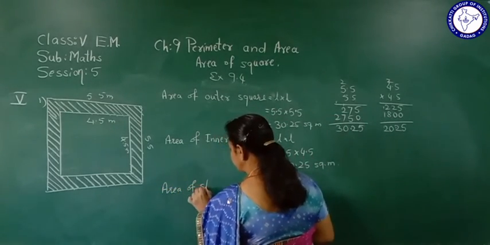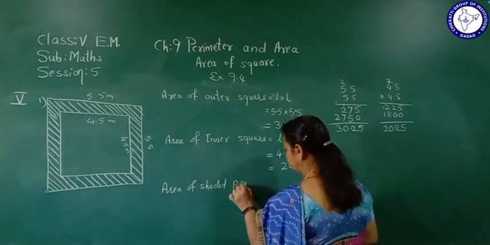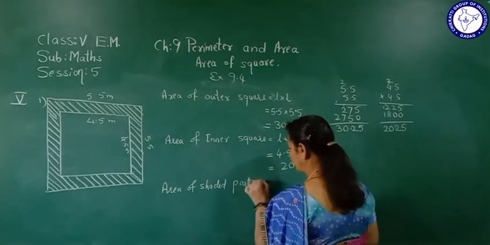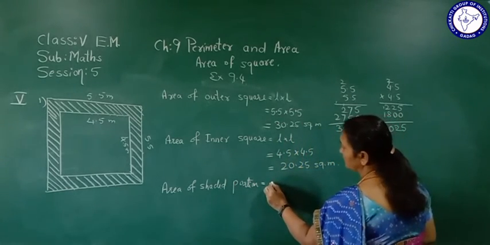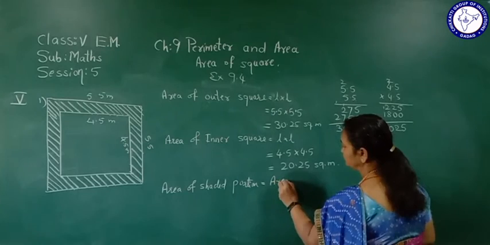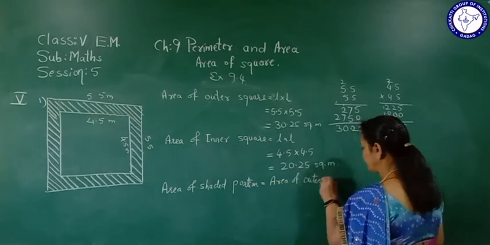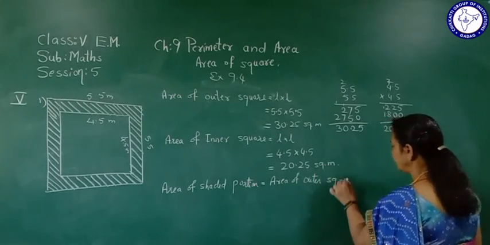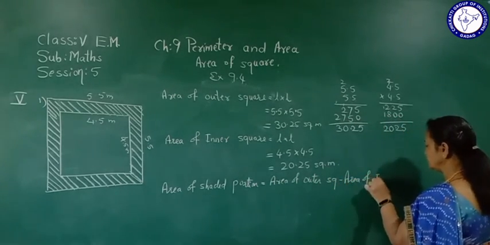Then area of a shaded region. Area of shaded region, shaded portion, equals to area of outer square minus area of inner square.